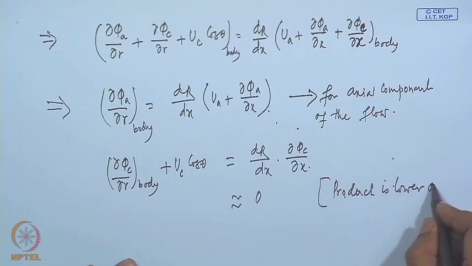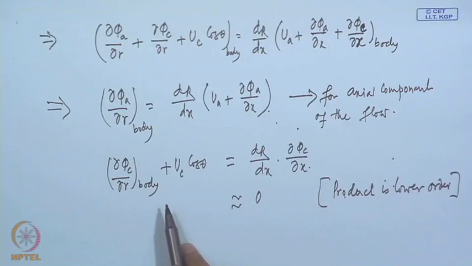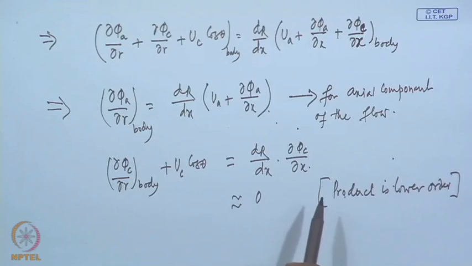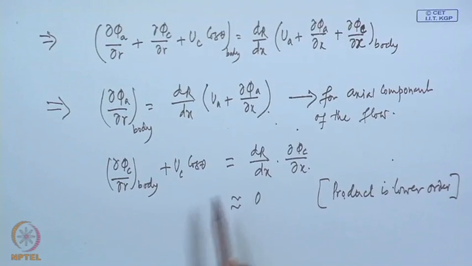Since this product is lower order, it can be neglected in comparison to this term, and consequently this can be taken as this.